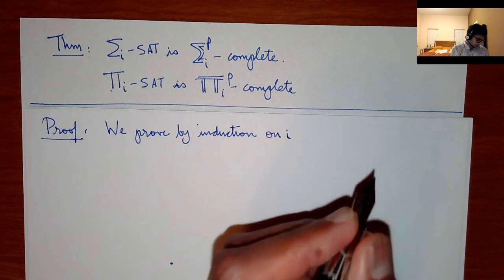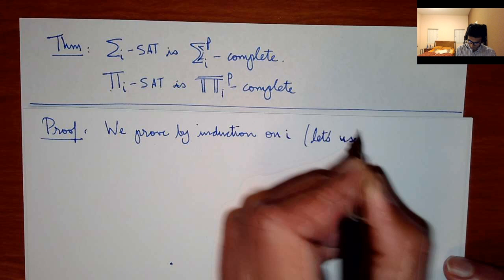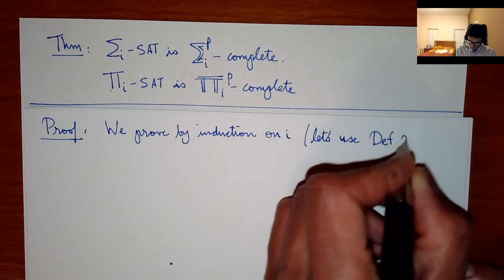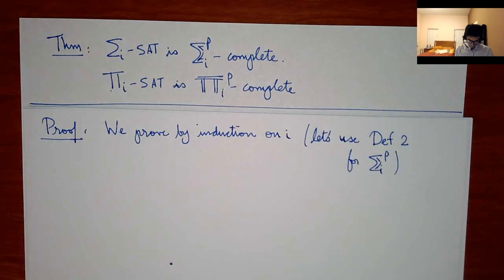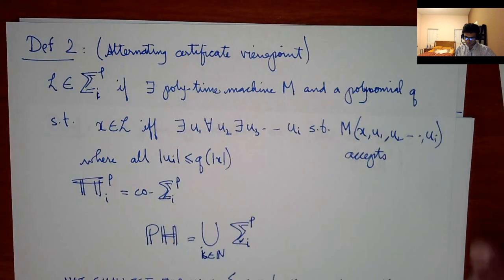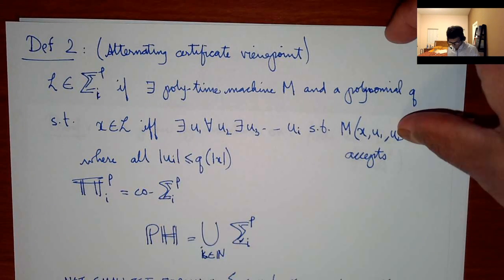Let's use definition 2 for Sigma_i P. Just to recall, definition 2 was in terms of the alternating certificate viewpoint: x is in L if and only if there exists a u1 so that for all u2 there exists a u3, and so on and so forth.